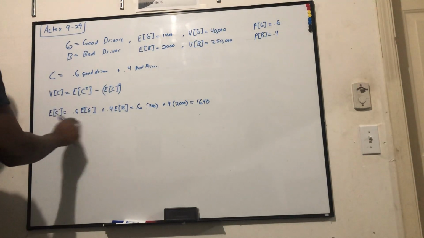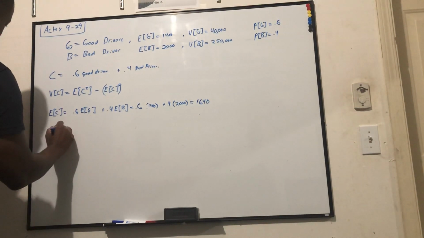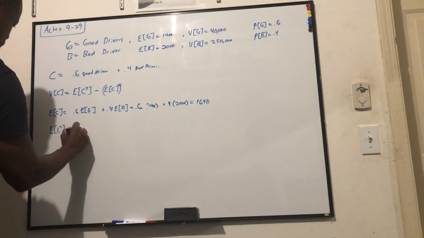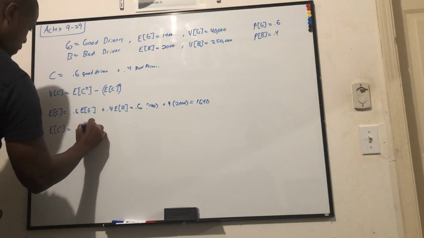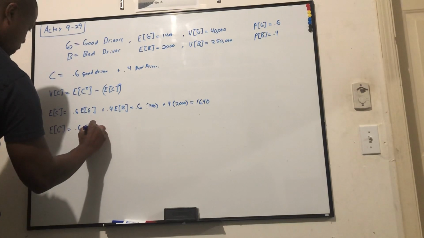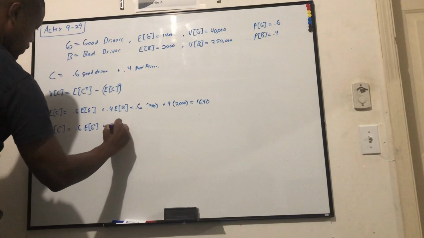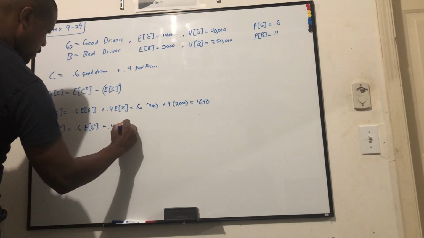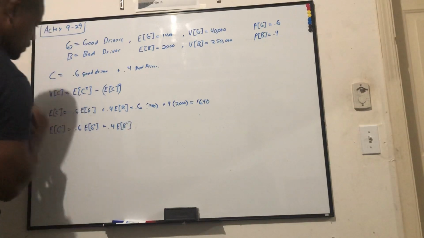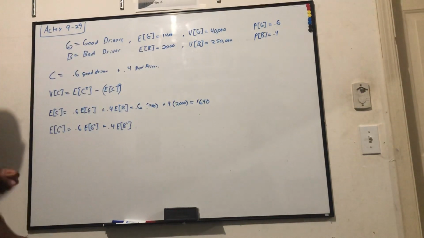Well, for us to find the second one, because this is weighted, I need the second moment of G plus the second moment of B. How do I find those? Use the variance, right?